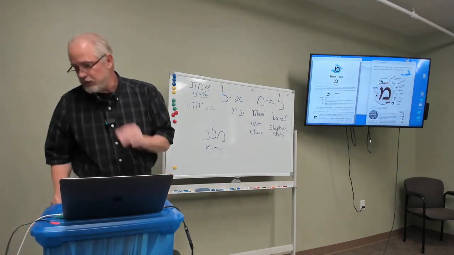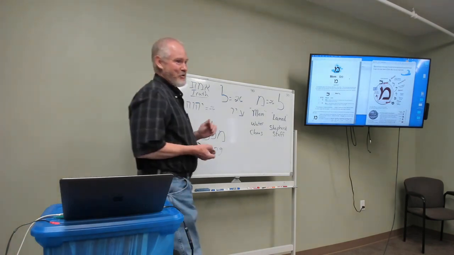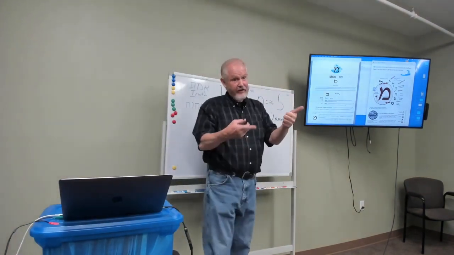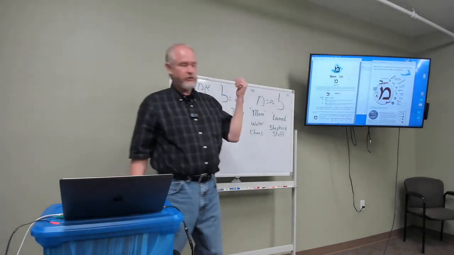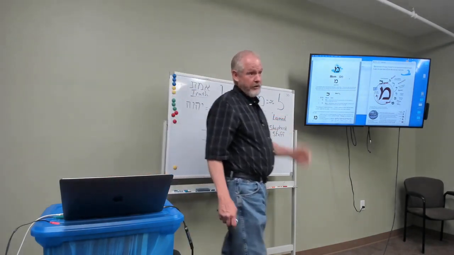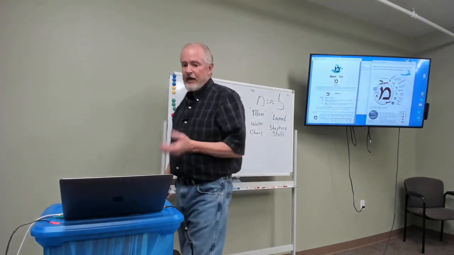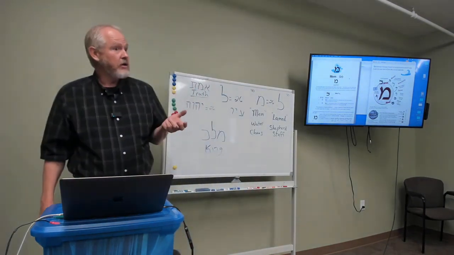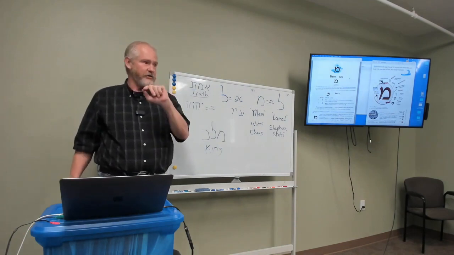Mem is also used as a prefix. So bet is in, like in the beginning, Bereshit, right? There's your bet. We just went over lamed means to, because you lead the flock to the field. Okay, mem is water. So water always comes from a source.